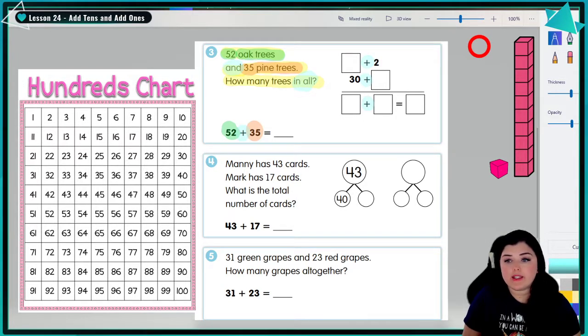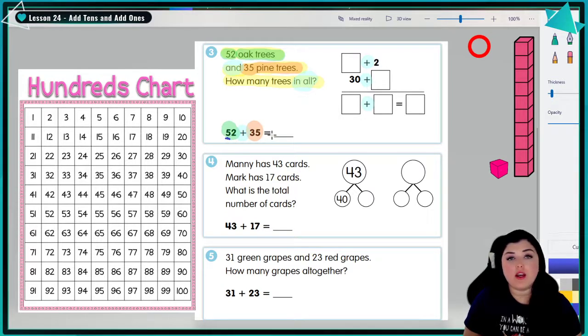I want to go back and look at the different parts I have and break those down into tens and ones. When I look at the number 52, how many groups of 10 in 52 do you see? Look at the tens place. 5. There are 5 groups of 10 in 52.